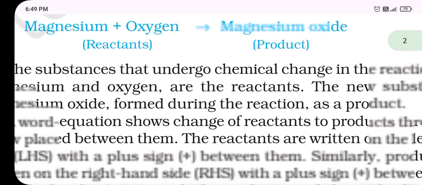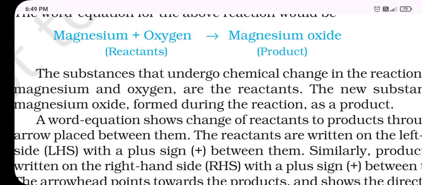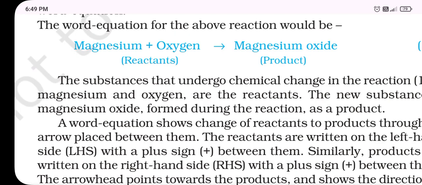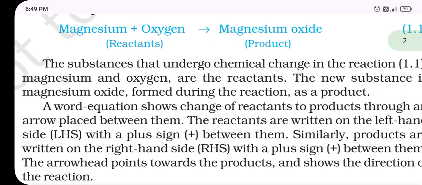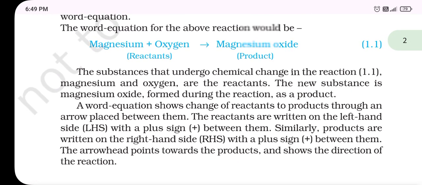The tail represents the reactant side, and the head of the arrow represents the product side. That means forming a product. So we are going to move further.